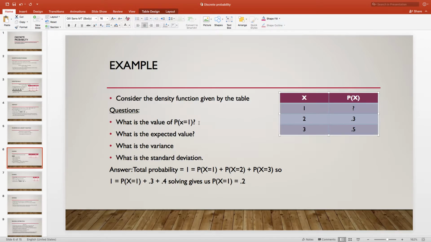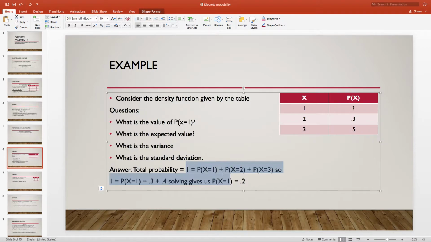So if I want to find probability x equals 1, we're going to use total probability as 100%. So 100% is equal to adding up all the probabilities. Add up probability x equals 1, x equals 2, and x equals 3. So this leaves us with 1 equal to the unknown probability plus 0.3 plus 0.5.